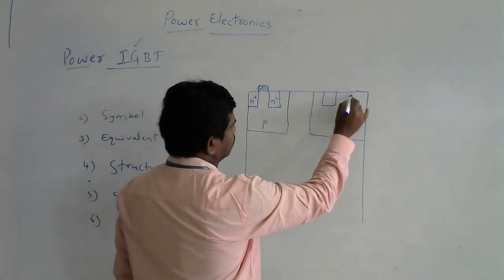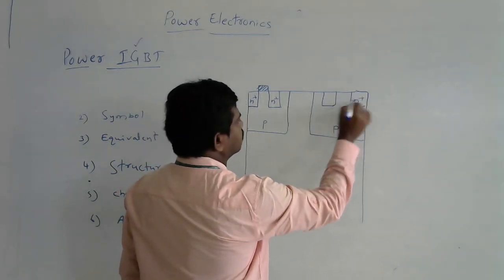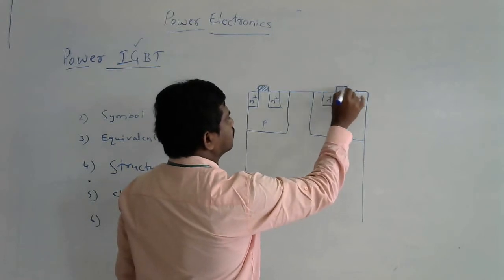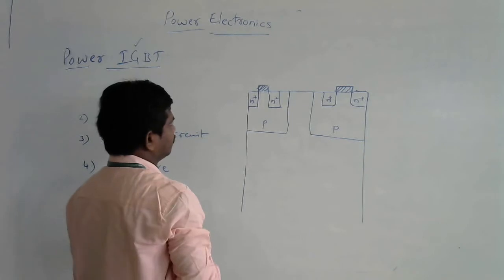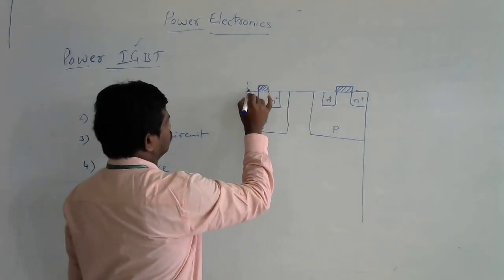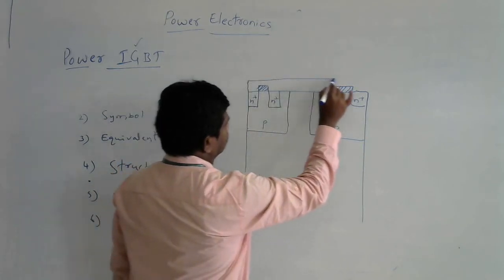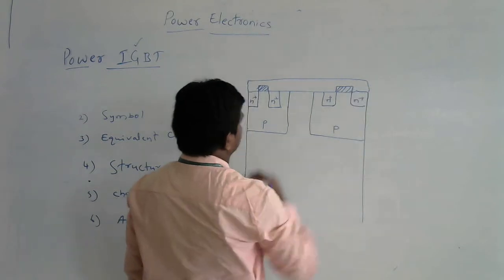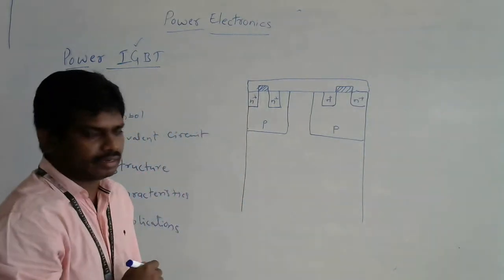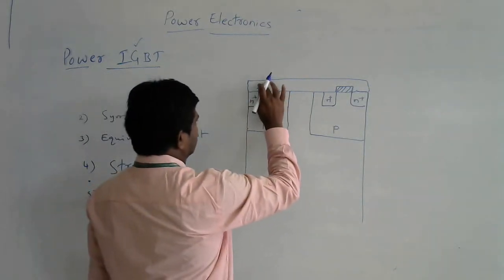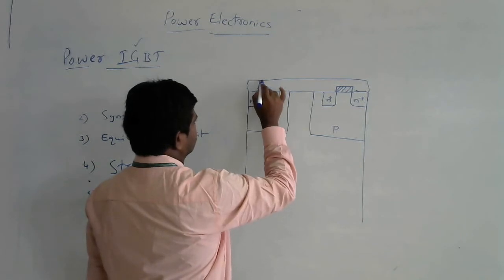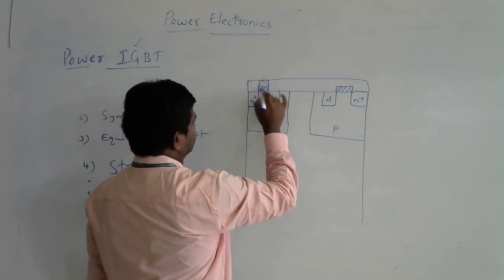This is N plus, and here also I have the emitter terminal. There we are using one silicon dioxide layer. This is totally a silicon dioxide layer. Look at this. This is the emitter terminal.